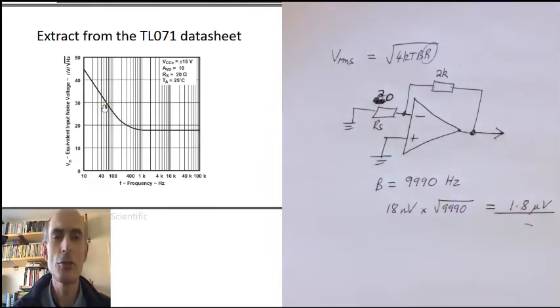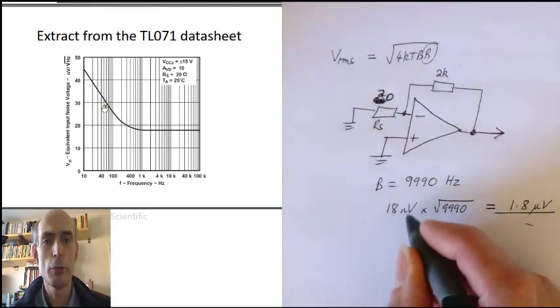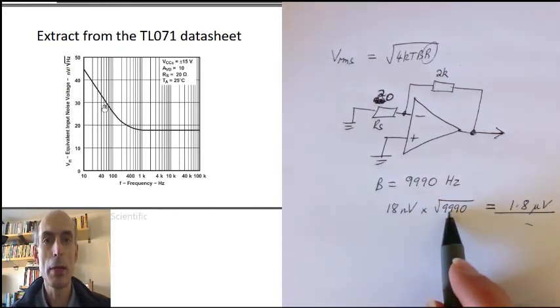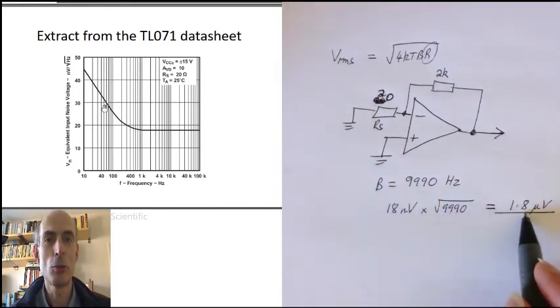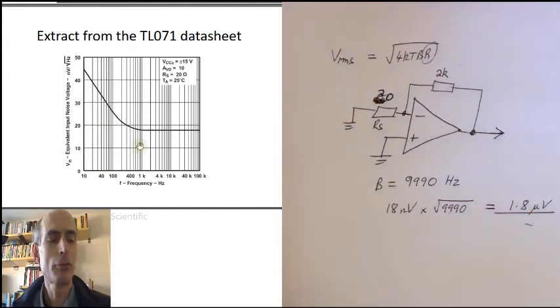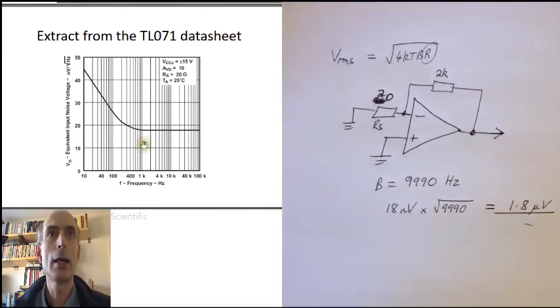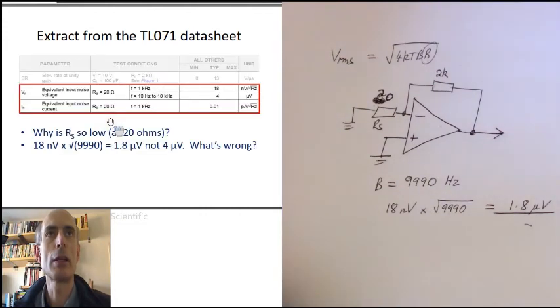So we can't just take the noise in nanovolts per root hertz, multiply that by the square root of the bandwidth, and expect to get the total noise, because that formula assumes that the noise is white. And it isn't. We've got more power than that at these low frequencies. And that's what that specification tells you: the total noise from 10 Hz to 10 kHz.